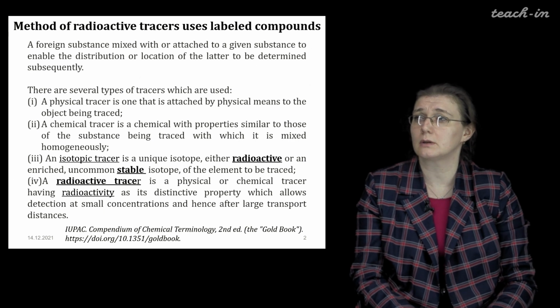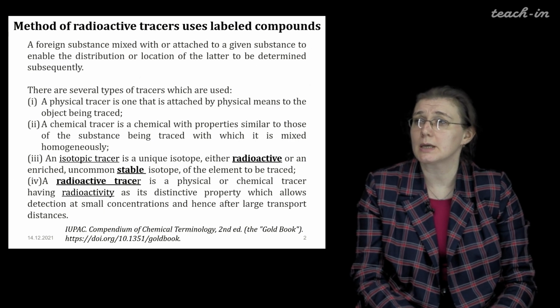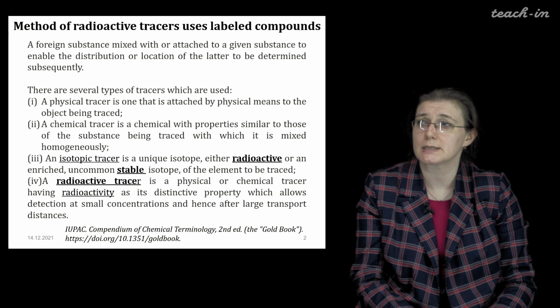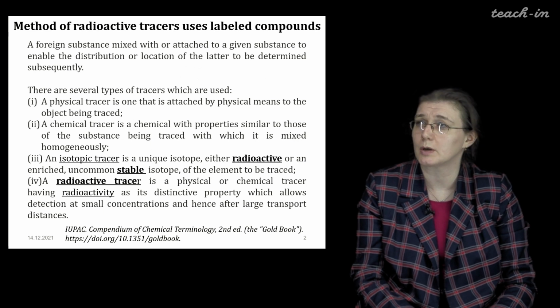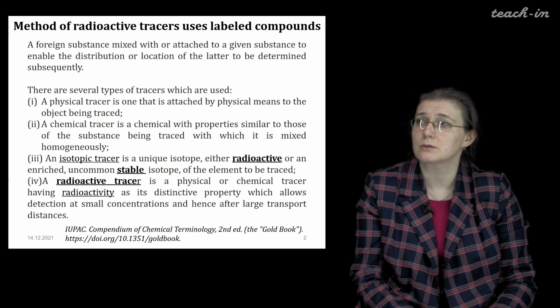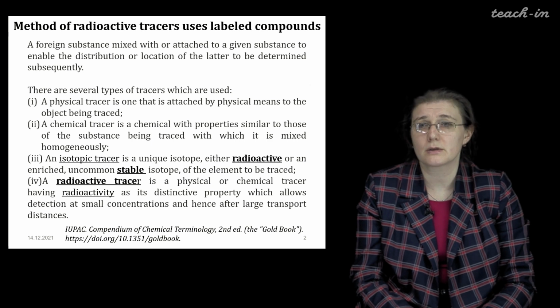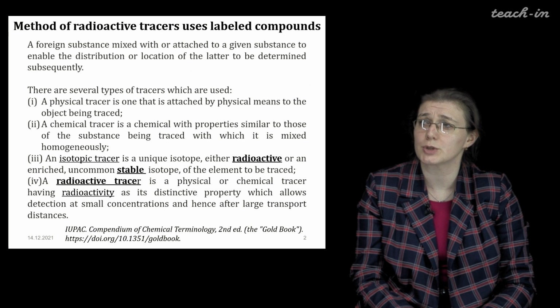So first, let's define the method of radioactive tracer, which uses labeled compounds. A foreign substance mixed with or attached to a given substance to enable the distribution or location of the latter to be determined subsequently. And there are several types of tracers which are used.